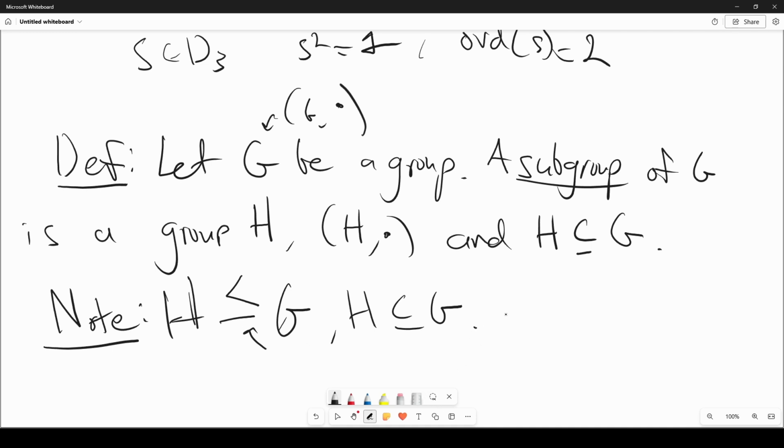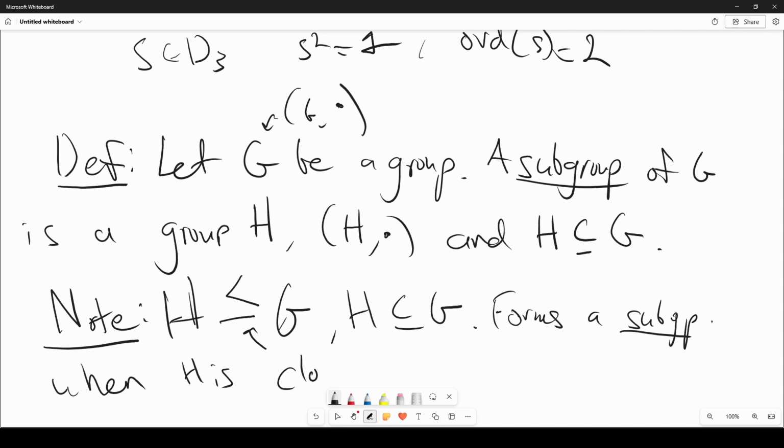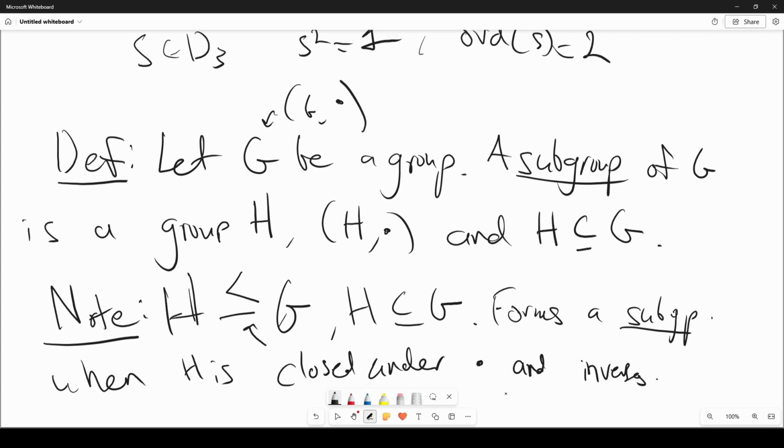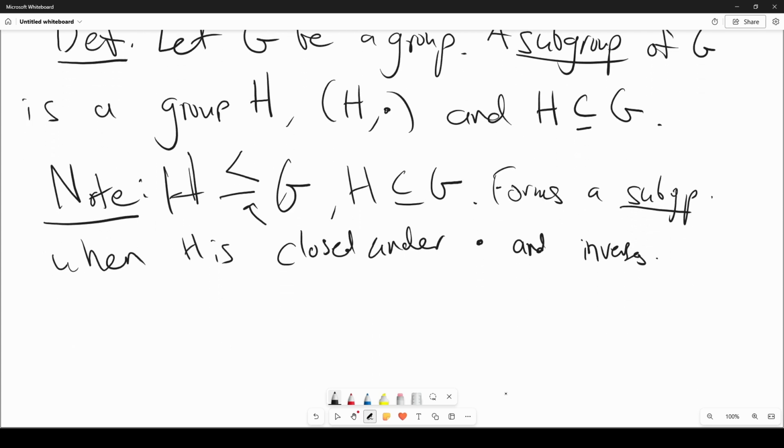So this forms a subgroup when H is closed, I'll tell you what this means, under the multiplication and inverses. Okay. And of course it has to have an identity. Of course that doesn't follow from these two, but I'll get to that.